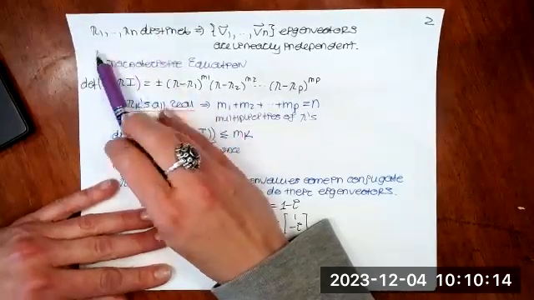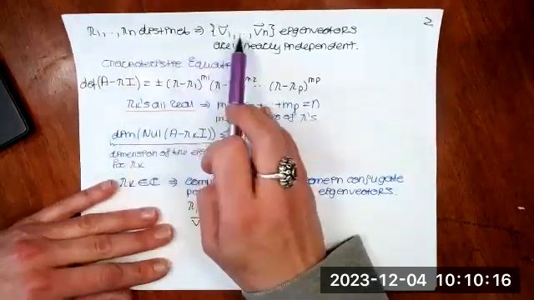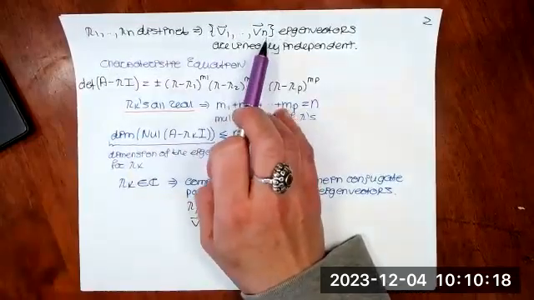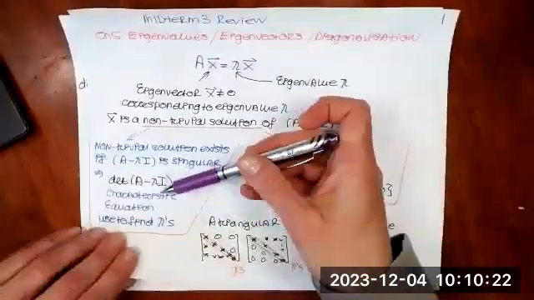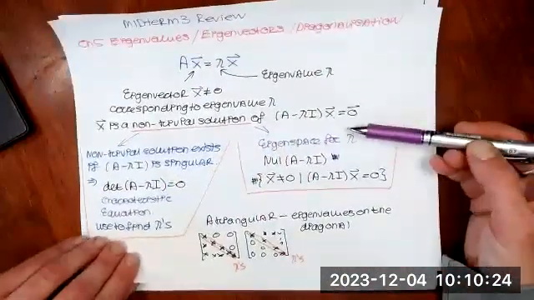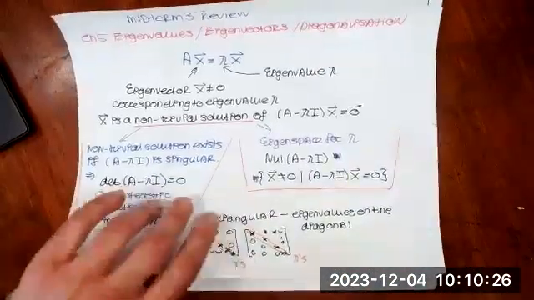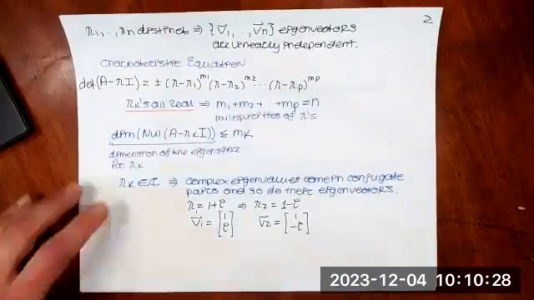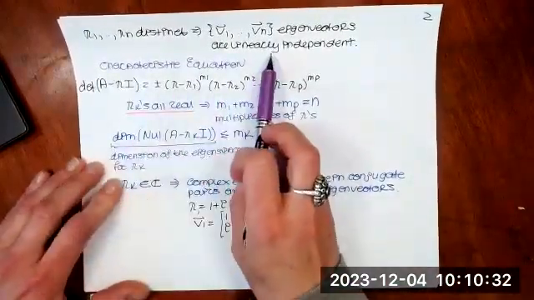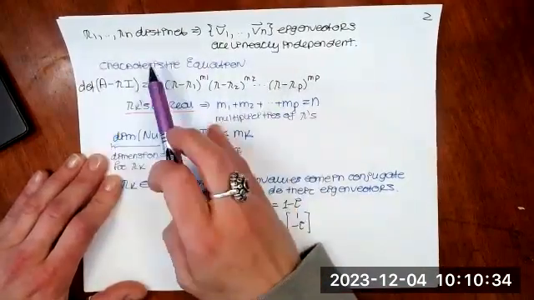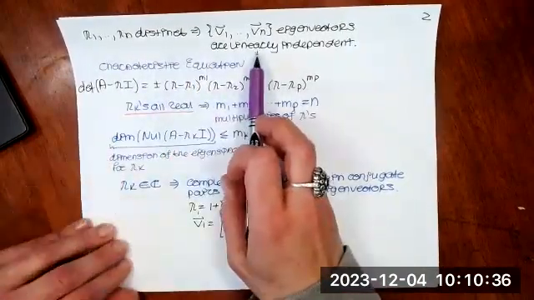Depending on multiplicity, but if I have multiplicity 1, each one will have one eigenvector. I mean, just by definition, because if I'm looking for an eigenvalue here, I'm assuming that I have an eigenvector. All right. Those will be linearly independent.